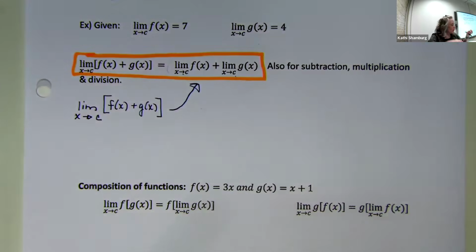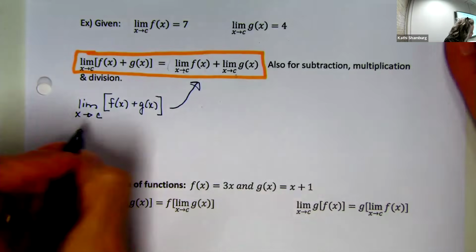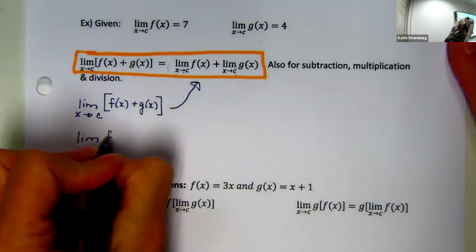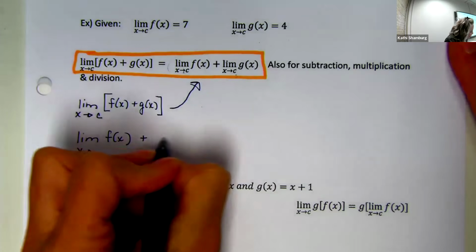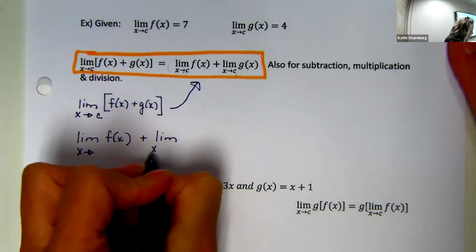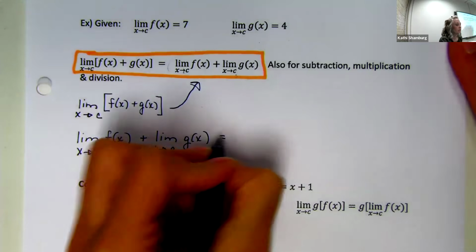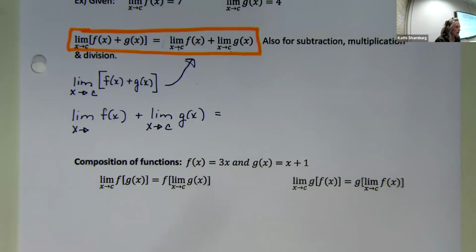So you can separate it and put that limit notation with solely the f at x, plus the limit as x approaches c to that g at x. That's what this is trying to get you to see.